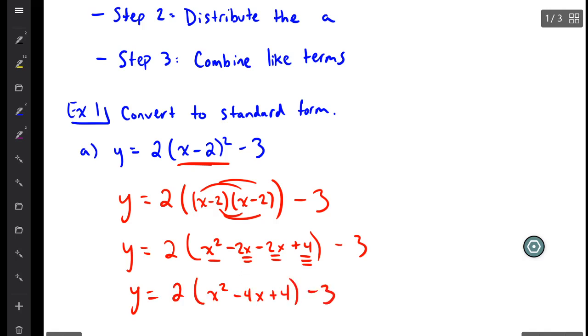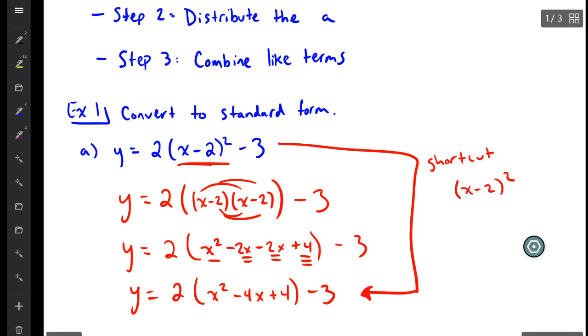And we definitely could have just jumped from this step straight to this step if we remember the shortcut. That shortcut is that when I have the (x minus 2) squared part, I square this first term, then I multiply them together and double it, and then I square this second part.